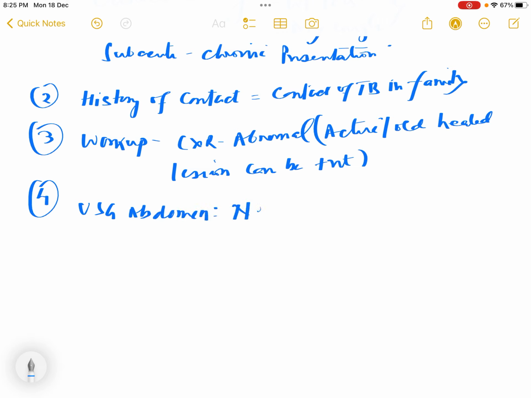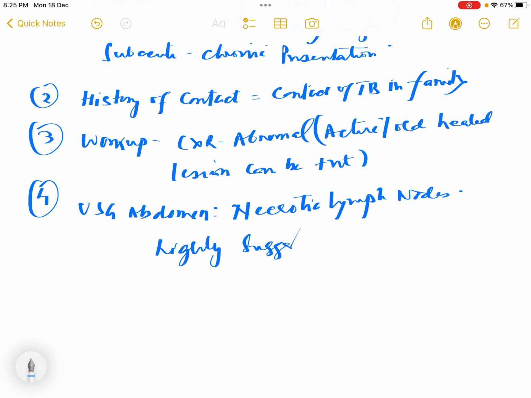where we can find necrotic lymph nodes that will be highly suggestive of a tubercular lesion.